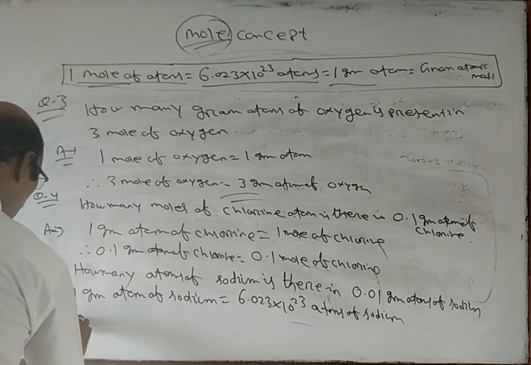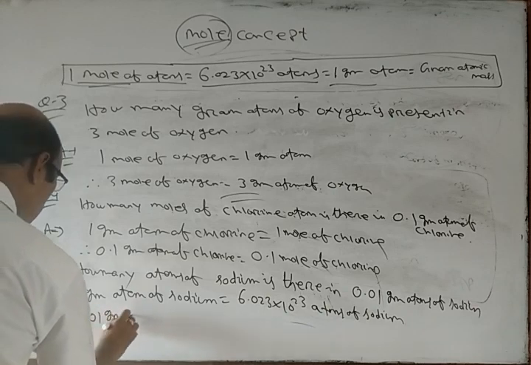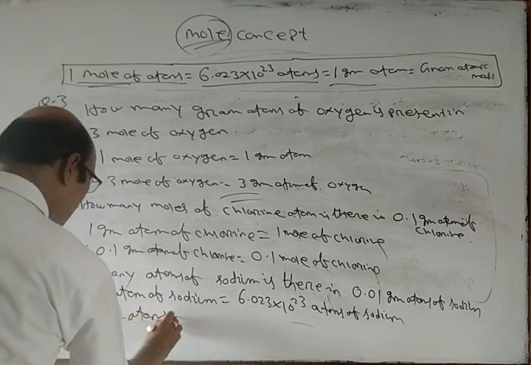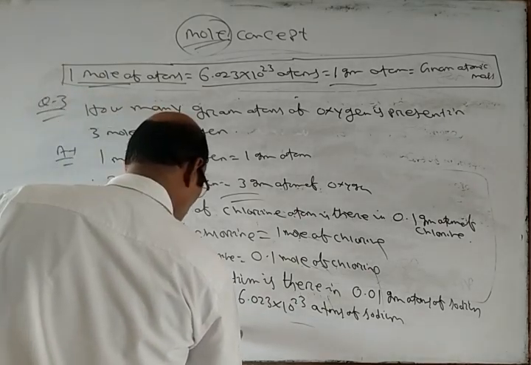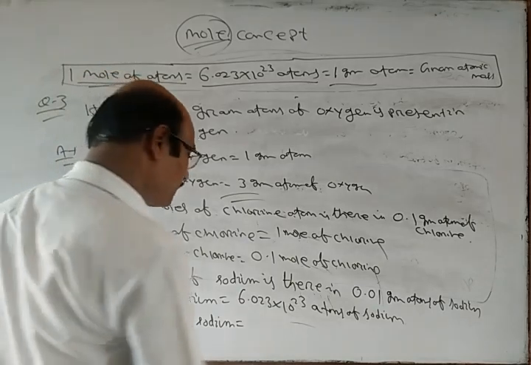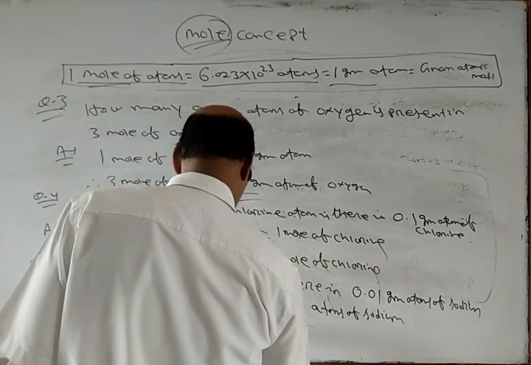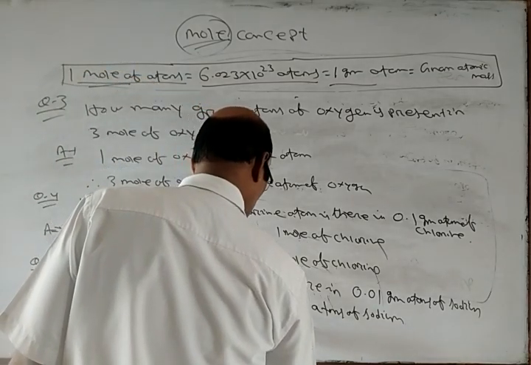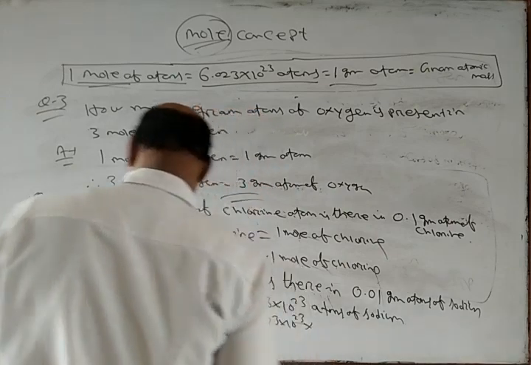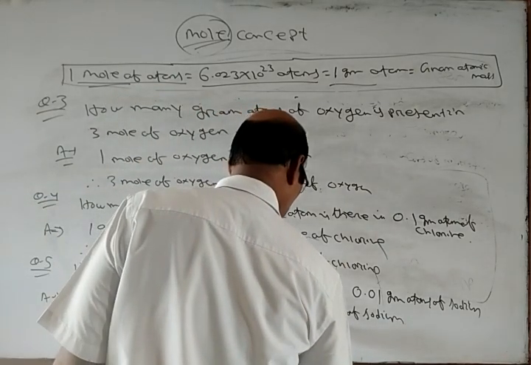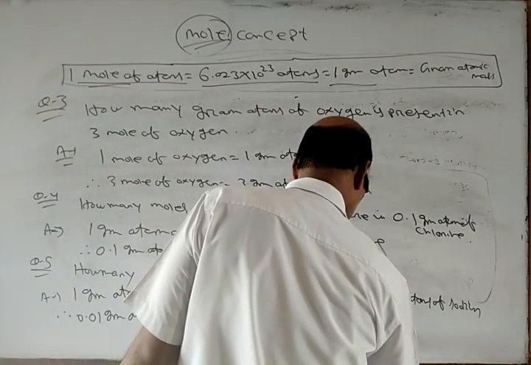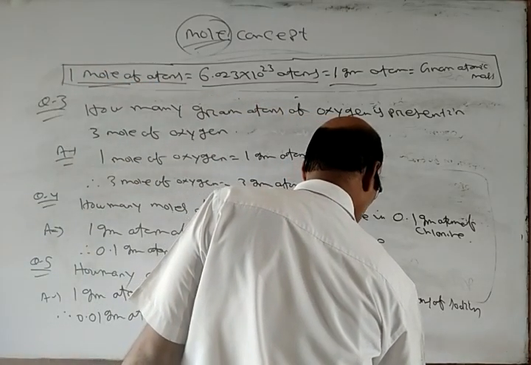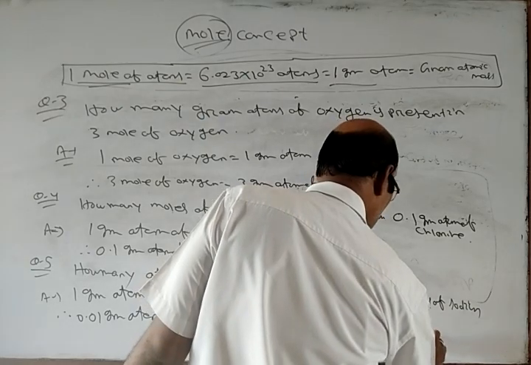So 0.01 gram atoms of sodium is 6.023 into 10 power 23 into 0.01, that is 10 to the minus 2. So we will get 6.023 into 10 power 21 atoms of sodium.